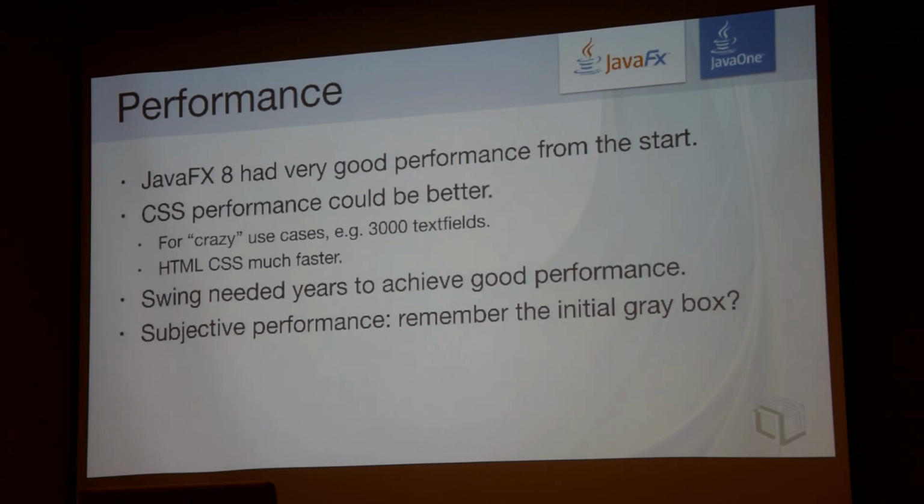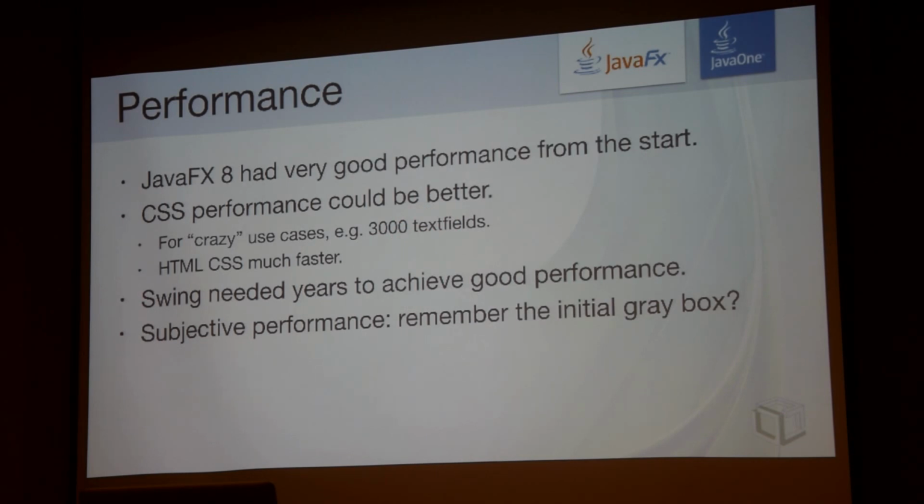Okay. In Java 8, everything is so much better already, except for the CSS performance. Still, I would say CSS performance is totally okay for most use cases. But for crazy stuff like this one, a friend of mine had that. He, for whatever reason, had to be able to add 3,000 text fields to the scene, to his window. And then he was complaining that it wasn't fast enough.